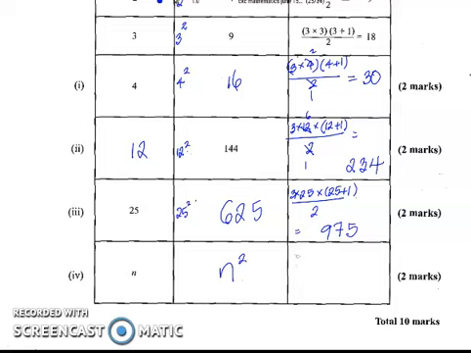And to the right, let me erase that 3. It's going to be 3 times the figure number n, and then the figure number plus 1, and this is all divided by 2.